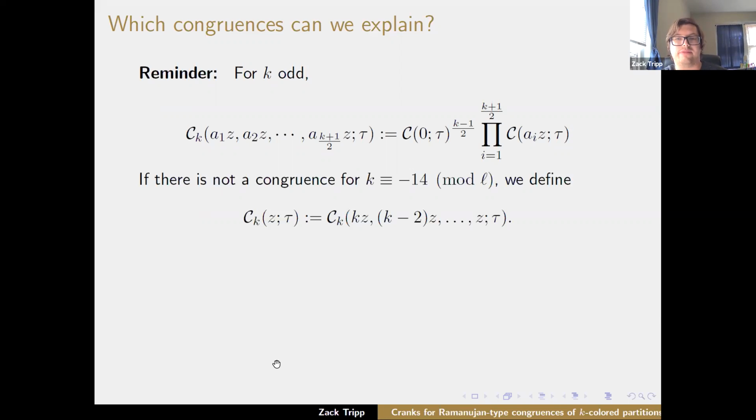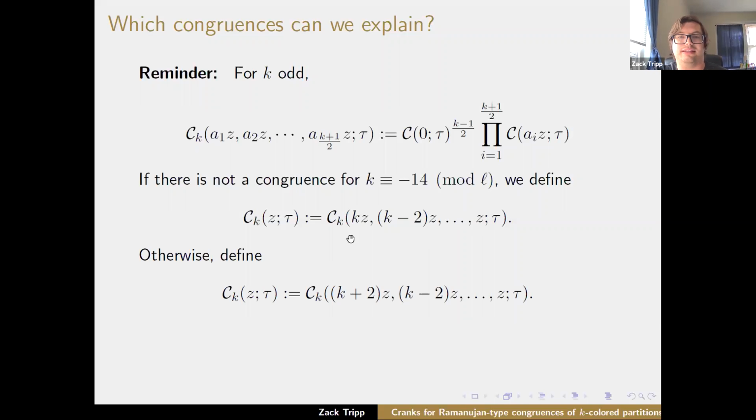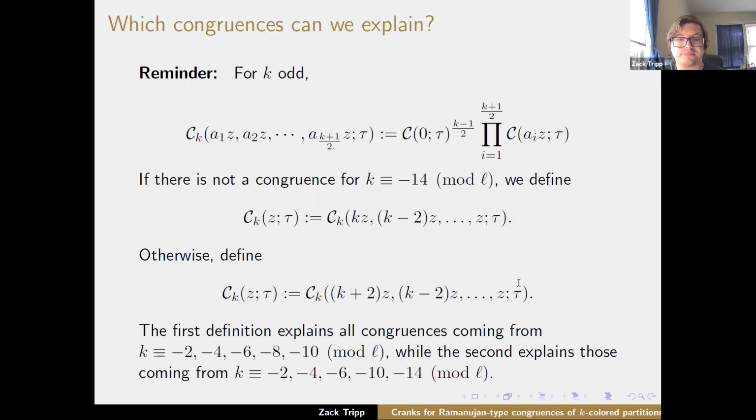It turns out that if there's not a congruence coming from L dividing k plus 14, then we define our crank generating function by choosing the a sub i of k, k minus 2, k minus 4, down to 1. If there is a congruence, we instead replace this k by k plus 2, and then do k minus 2, k minus 4, etc.